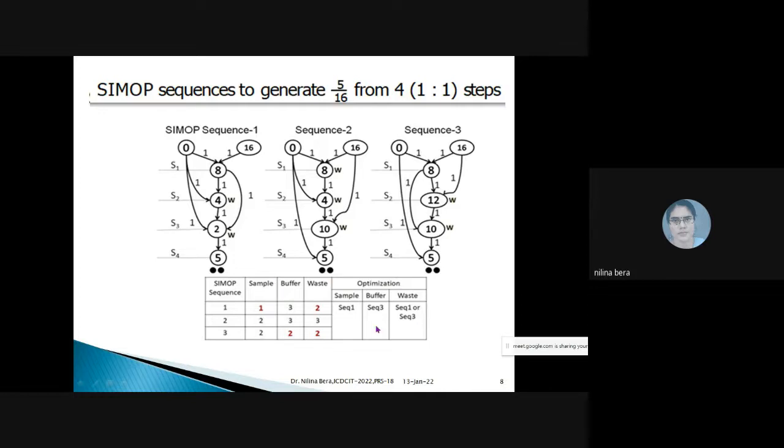That means if the end user wants the sequence that optimizes the sample, I need sequence 1. If the end user wants the sequence that optimizes waste, I can get sequence 1 or sequence 3. This is the way CMOP is actually working.